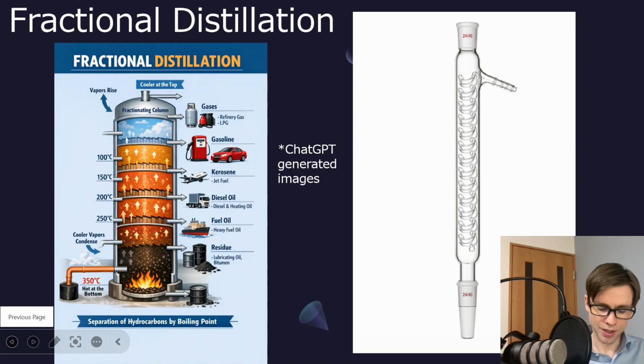And a very similar thing can happen where we have a gradient of temperatures. And you'll see these tubes that have a lot of coils inside or little bubbles like plastic beads or shelves. Something that allows surface area for condensation and boiling to happen many, many times. And hopefully we get the purest things coming out into our collecting flask that way.